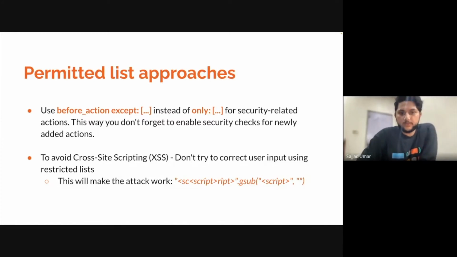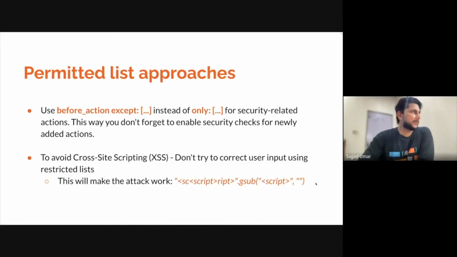But if you look at this example on screen, we have this user input, and if we try to correct this input using gsub, basically we are using a restricted list to correct some user input, which is dangerous because imagine if a user input something like what's on the screen in orange, and if you remove script with this empty space, the script tag will work again. So that can be harmful, and that might not be what we intend to do.